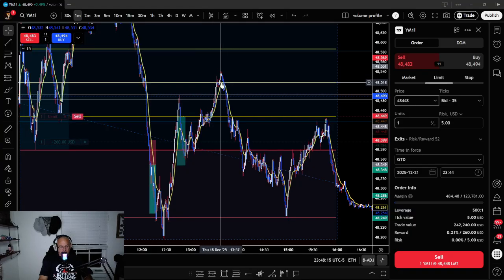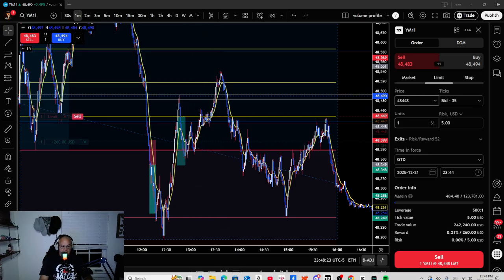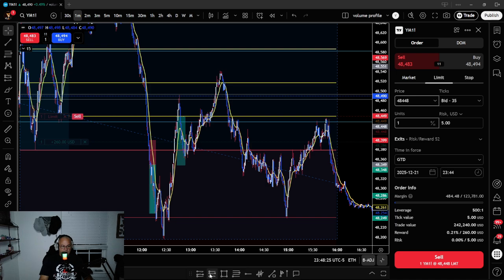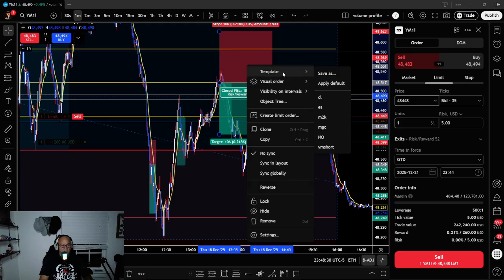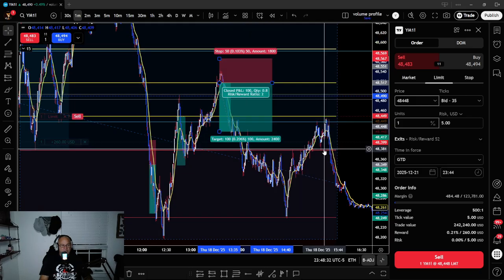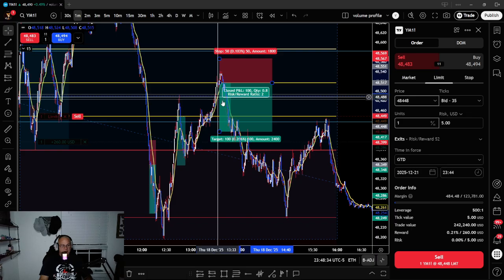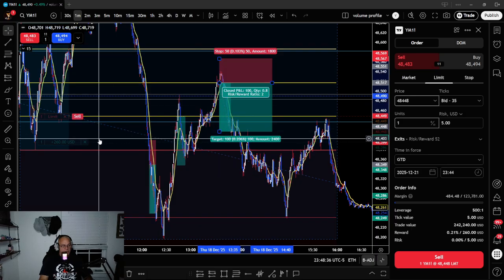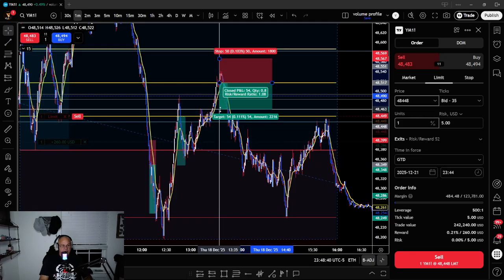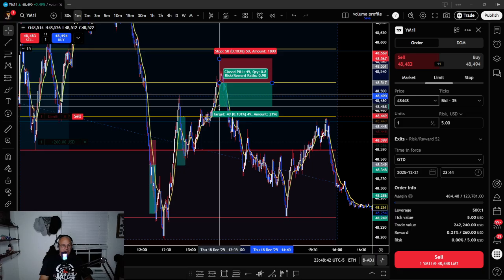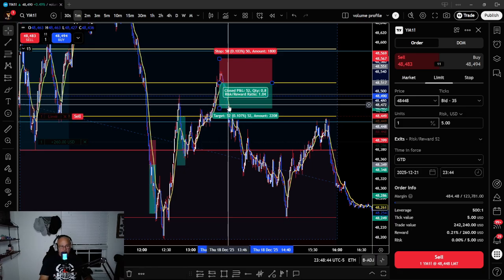But if we get here, knowing that we have a very low probability of going all the way back up to initial balance high, I could definitely take that trade here from the 50% with my YM stop loss. And we only need a 1-to-1 on this trade to make another 125, and very quickly make that.